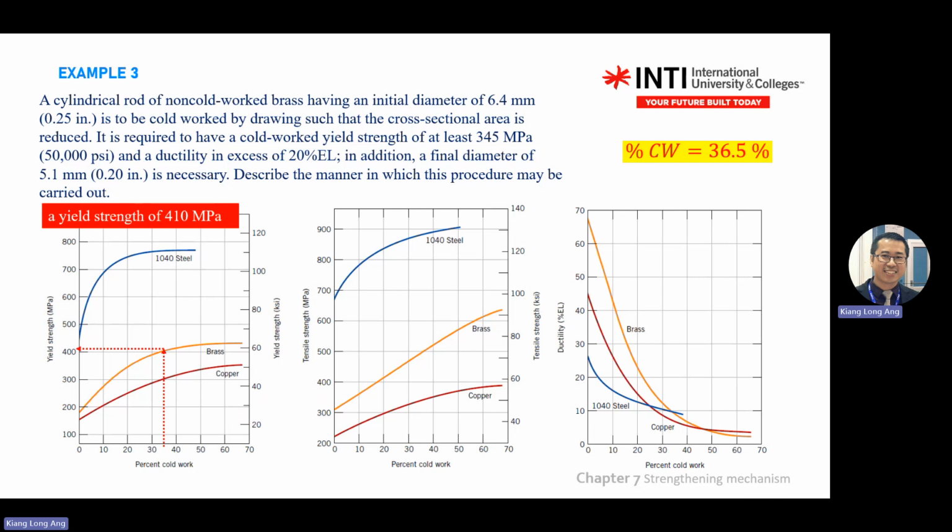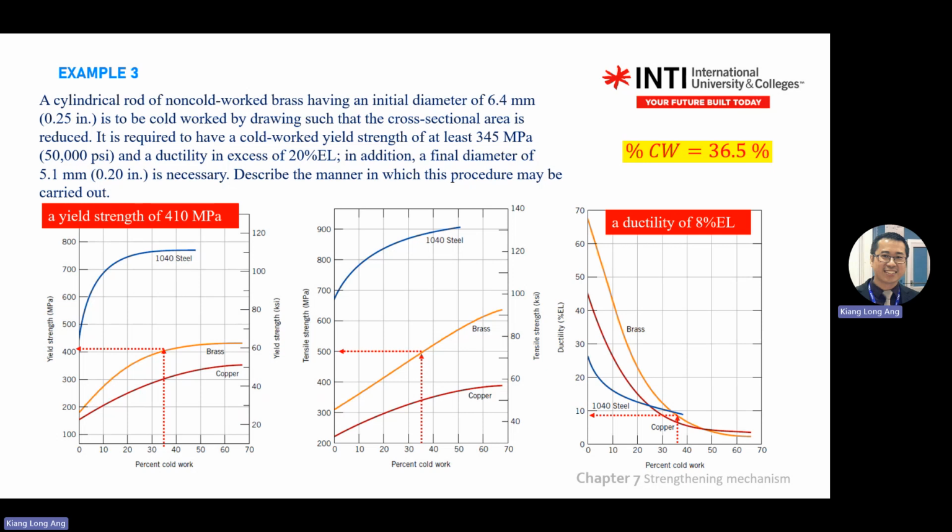Okay, tensile strength. This question is quite kind, but normally when it comes to test 2 or the final exam, you need to use the three graphs, right? So this one is just a cross check. Like if you do 36.5%, the tensile strength will reach 500.